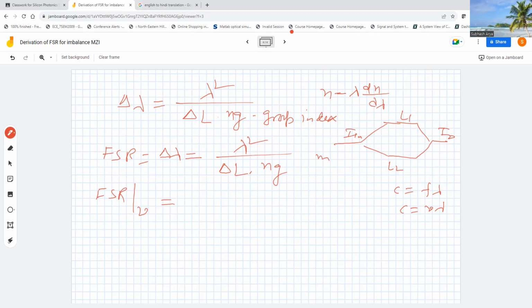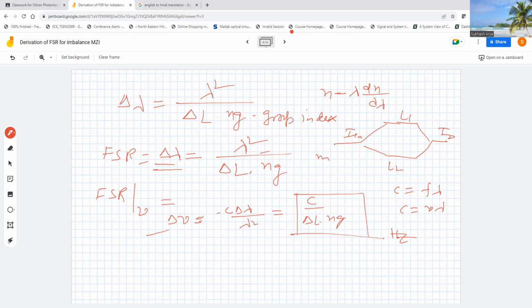So delta nu is approximately equal to c delta lambda by lambda square, which is equal to c by delta L Ng. Interestingly, you need not know the operating wavelength if you want to find the FSR in terms of hertz, whereas if we want to find the FSR in terms of delta lambda, we need to know the operating wavelength.